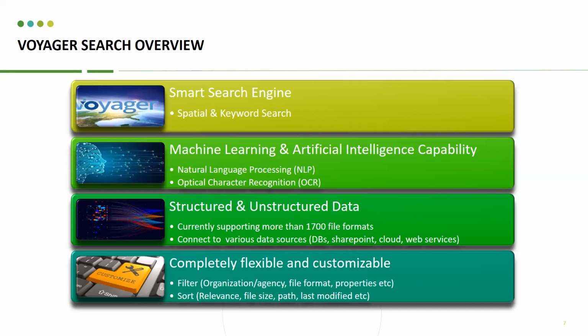And it can also connect to various data sources, whether it's a Microsoft database, Oracle database, SharePoint, clouds, web services, and much more. And lastly, Voyager is completely flexible and customizable in terms of the filtering and sorting capabilities.